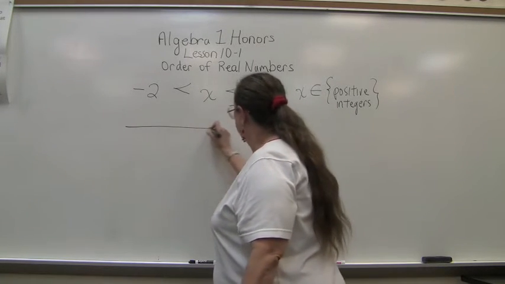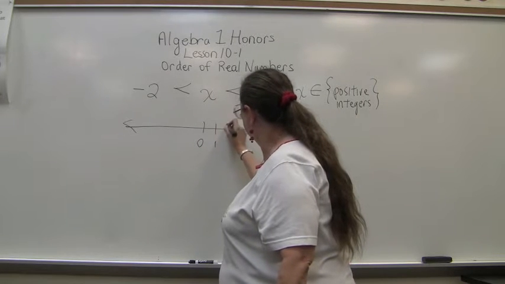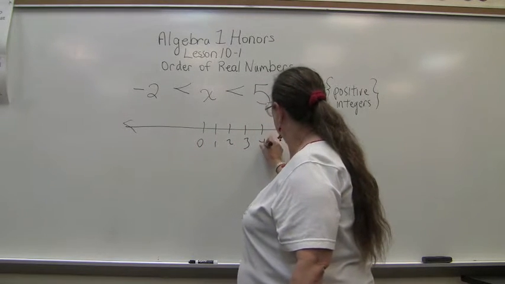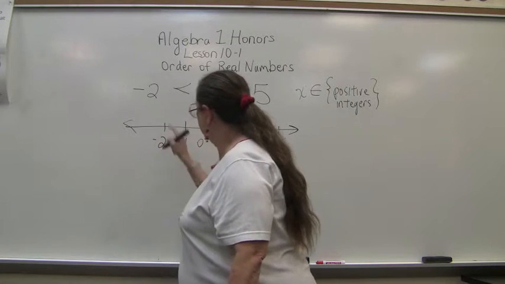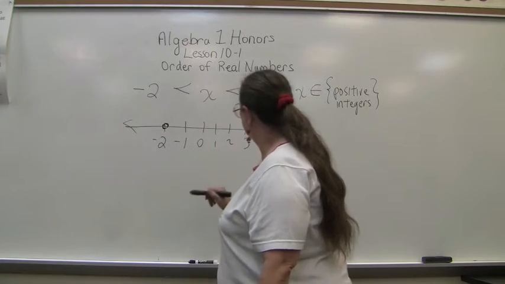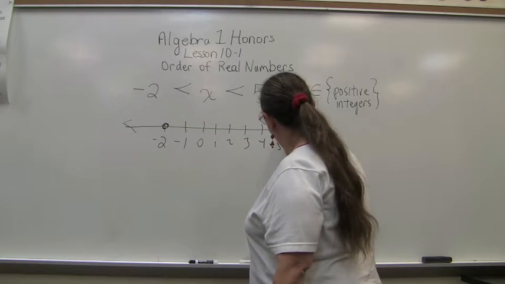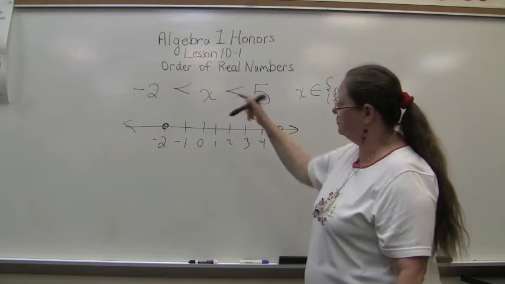Picture your number line. 0, 1, 2, 3. Here's our -2 right here, and here's our 5 right there, and our x is in between those two.